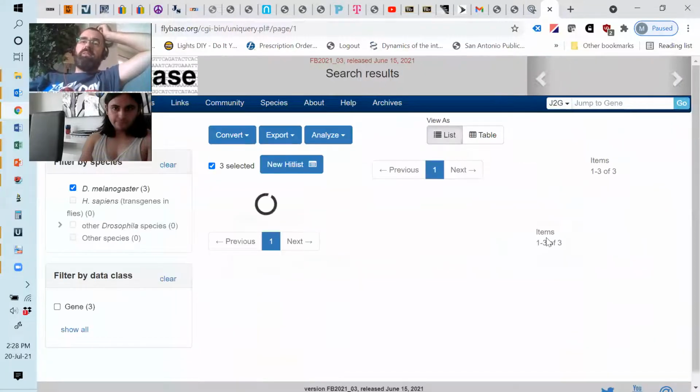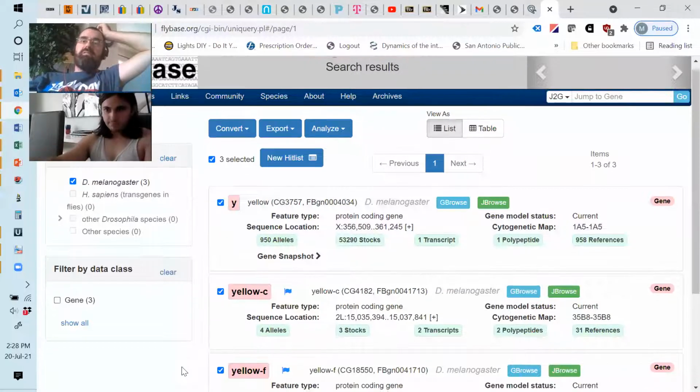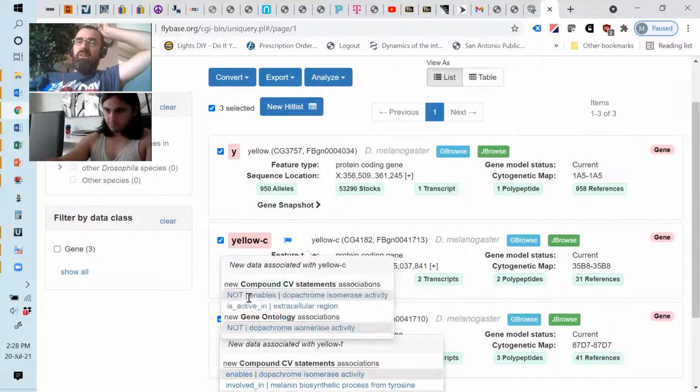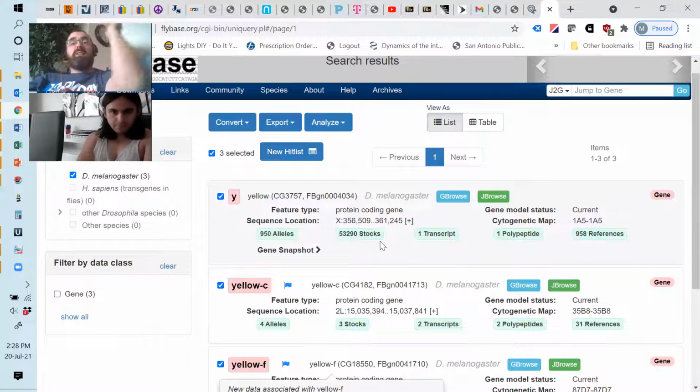Here we go. Slow internet today. Okay, so, we now get different kinds of yellow. I don't know what yellow C and yellow F are. They're different kinds of genes. We want this one. So to get the information, it gives you some basic information here already.